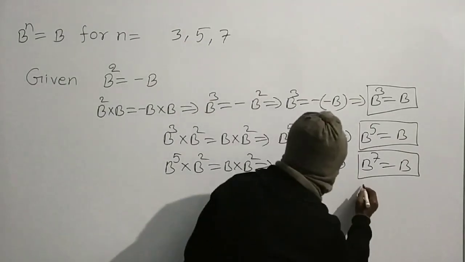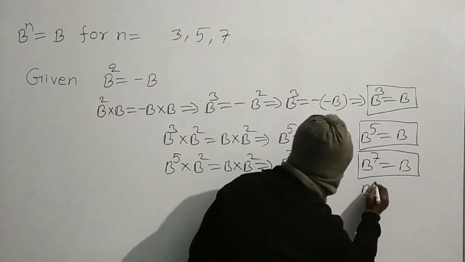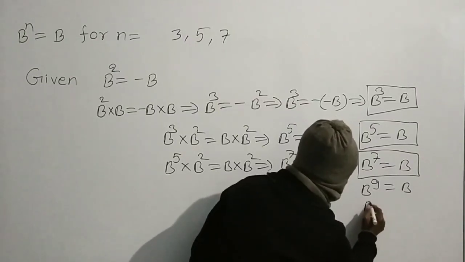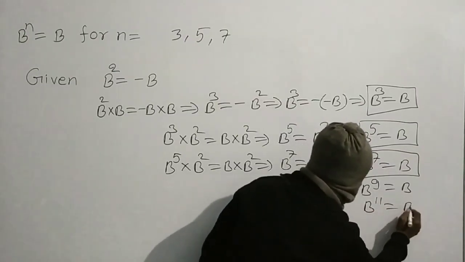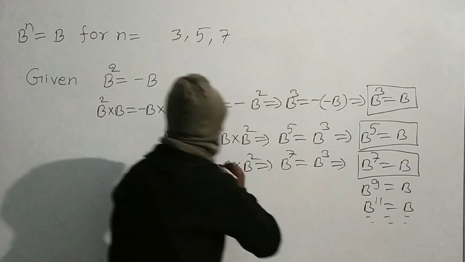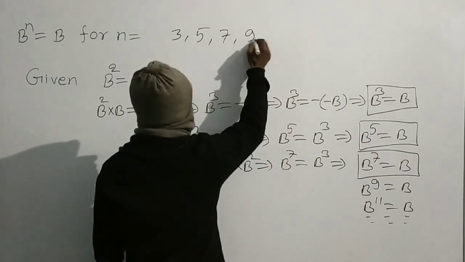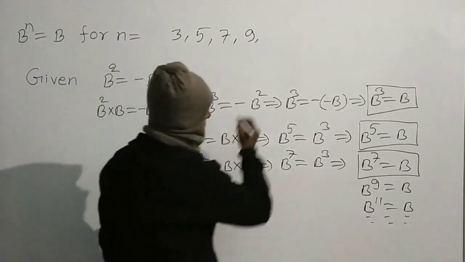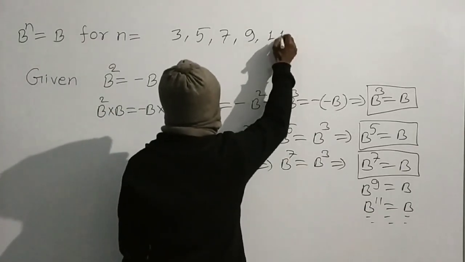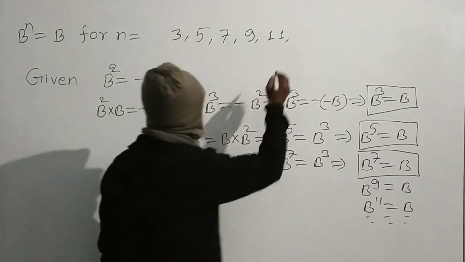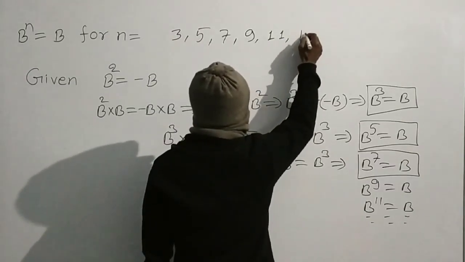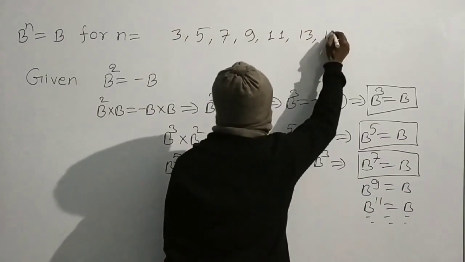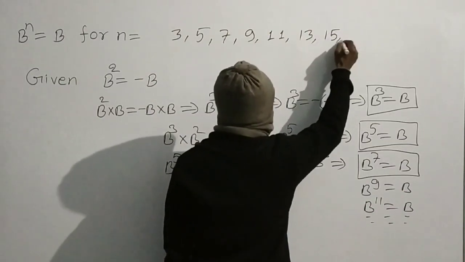In this way, we can get that B to the power 9 will be equal to B, B to the power 11 will be equal to B, and so on. That means 9, 11, 13, and 15 will also be solutions of this equation.